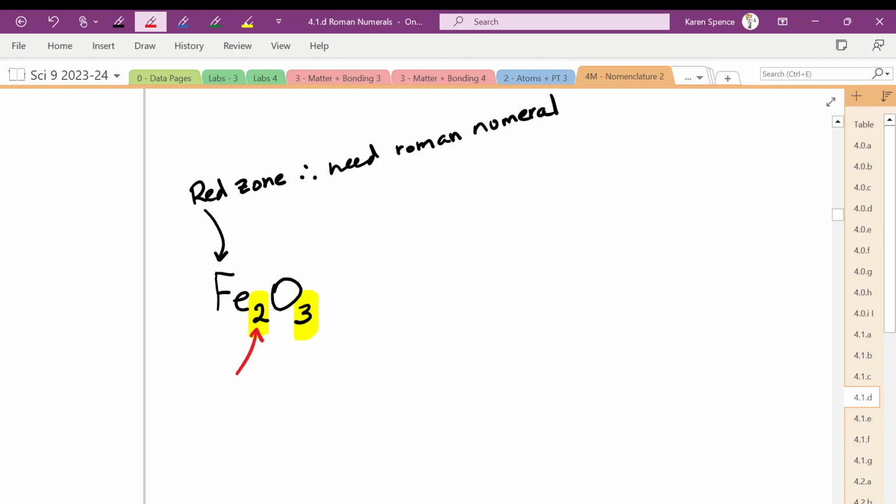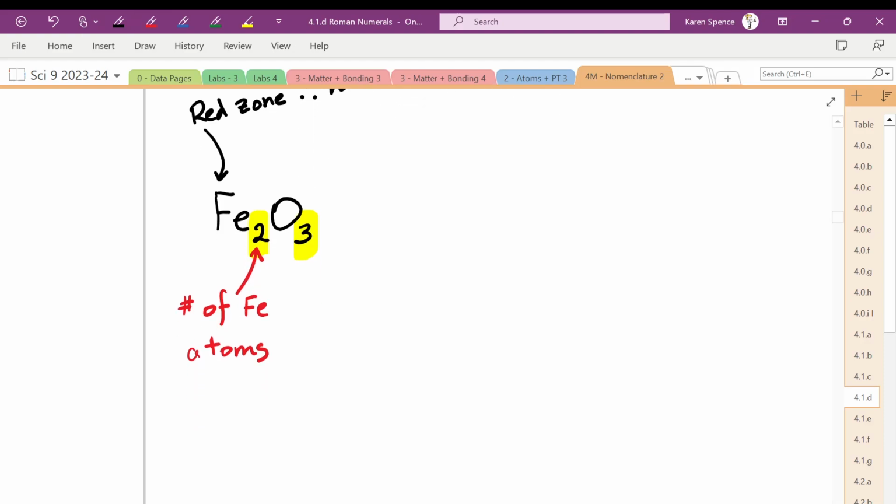What does that little 2 tell us? It tells us the number of Fe atoms. So if I were drawing this structure, I would say, okay, I got Fe and I got Fe. Now the little 3, what does the little 3 tell us?